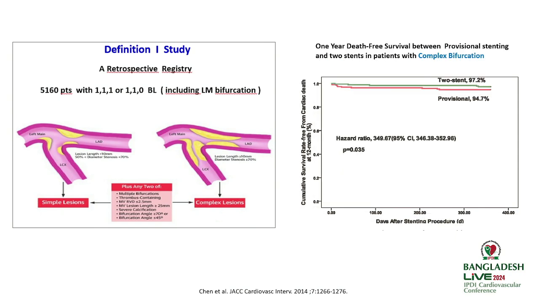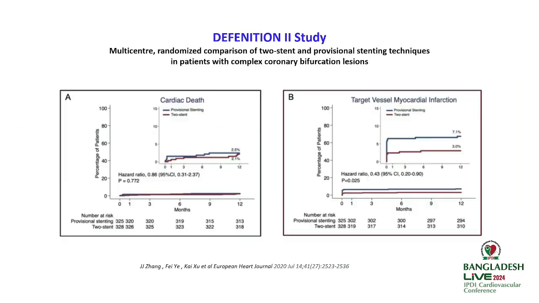But if we look on complex bifurcation defined by definition criteria, then 2 stents in complex bifurcation will have significantly better outcome as compared with single stenting.